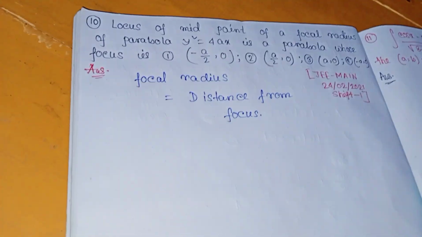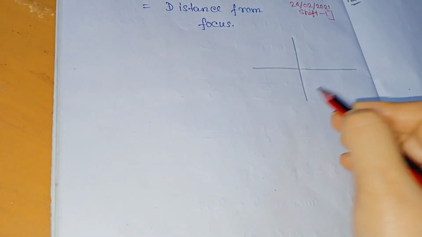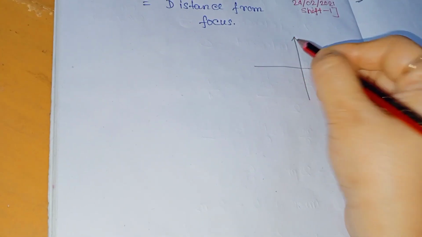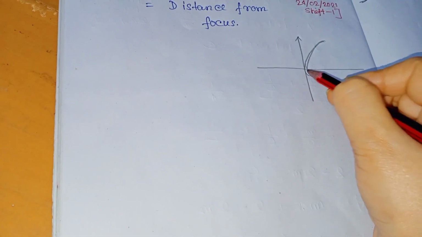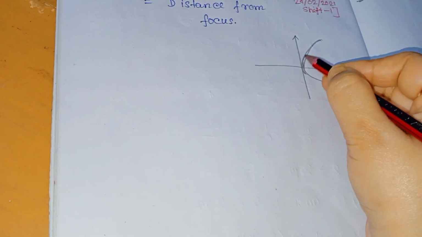So at first, draw the parabola. This was the x and y axis, and here is the parabola.